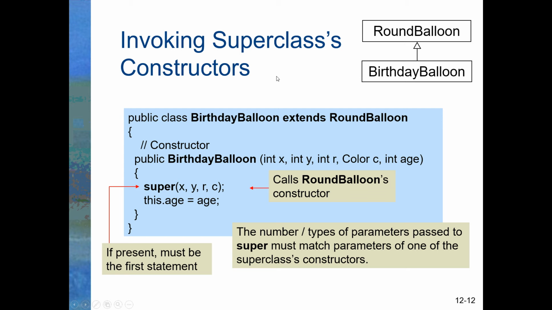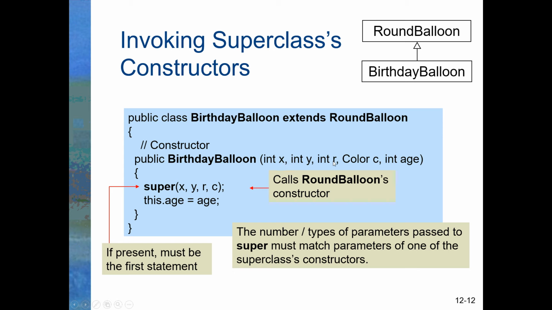If I want to invoke a superclass's constructor, right? So we have this BirthdayBalloon, which is of type RoundBalloon. So we simply say public class BirthdayBalloon extends RoundBalloon. That pulls all of its properties down into BirthdayBalloon. I have a constructor in here called BirthdayBalloon. It takes in three integers, right?